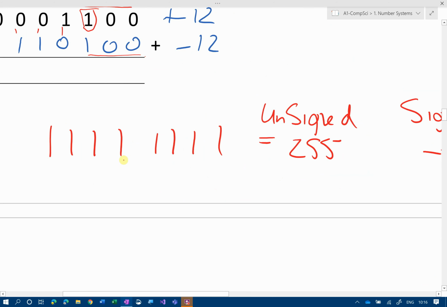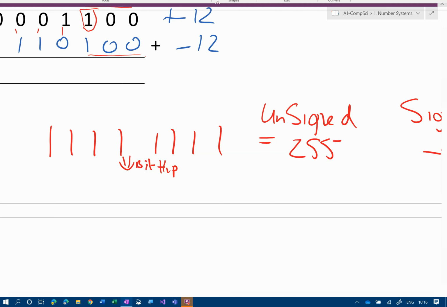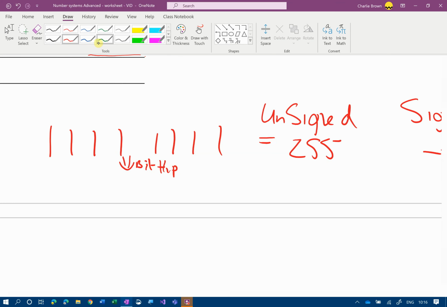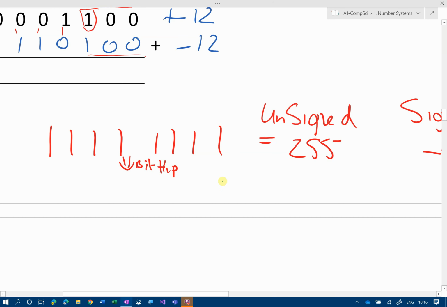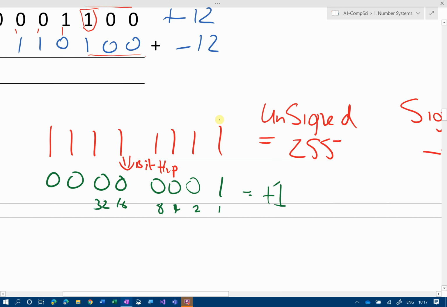So if we bit flip that, which is not the technical term, but that's what I'm going to call it, I find the rightmost one bit, there's the 1 there, and then I flip everything to its left. So I end up with 1 there. Then I could put the column headers over that: 1, 2, 4, 8, 16, 32, and so forth. So that's equal to 1, so that must be -1.